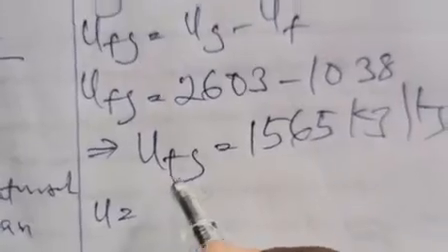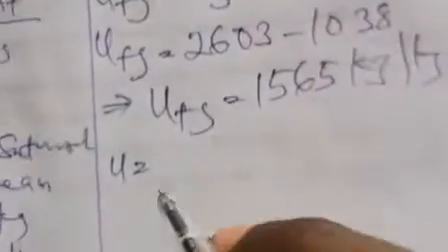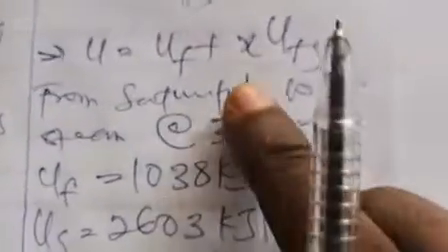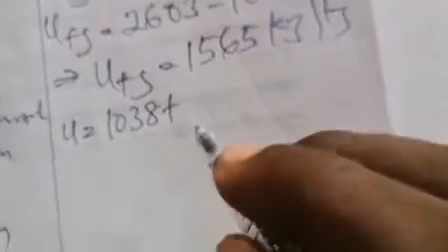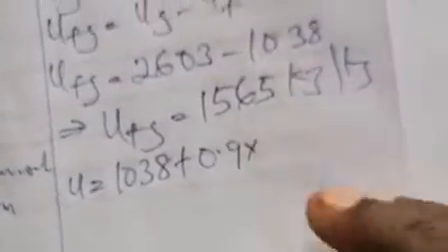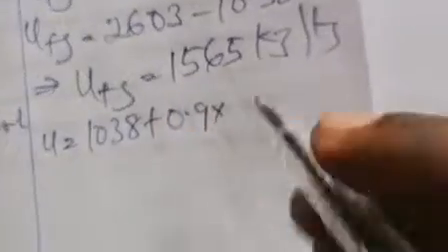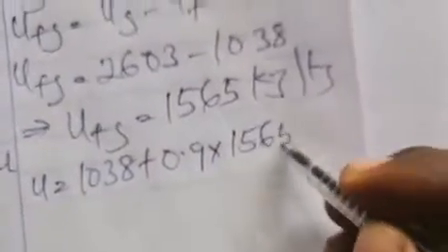So U is now equal to UF, which is 1038, plus dryness fraction X, given as 0.9, multiplied by UFG, which is 1565.